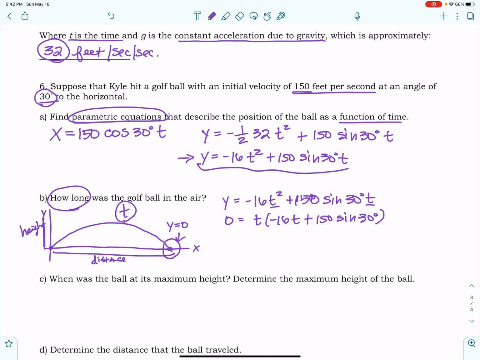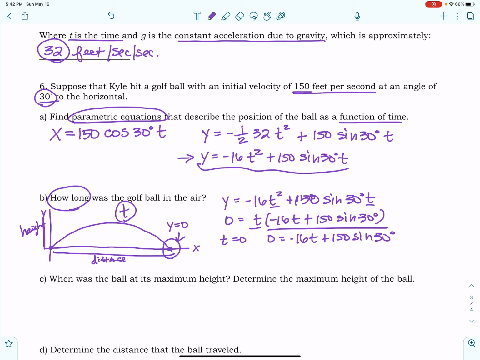And now what do we do with an equation that is written in factors? We set each of those factors equal to 0. So t equals 0 and 0 equals negative 16t plus 150 sine 30 degrees. So I'm going to solve this equation for t.